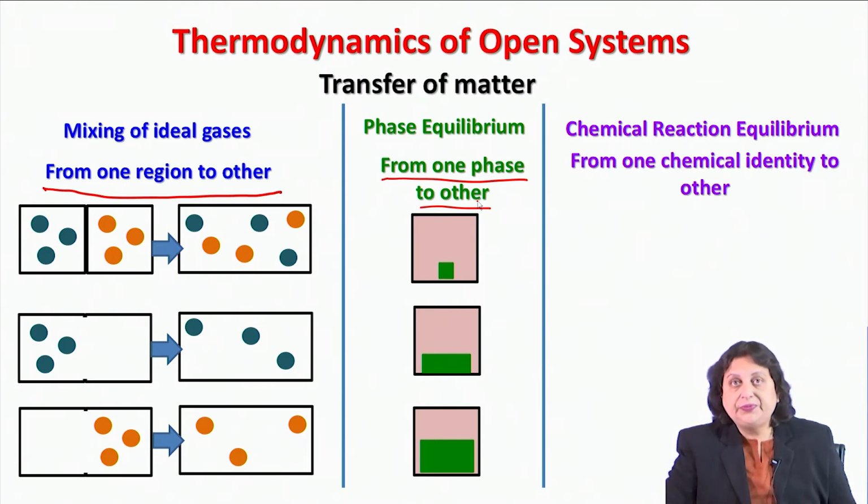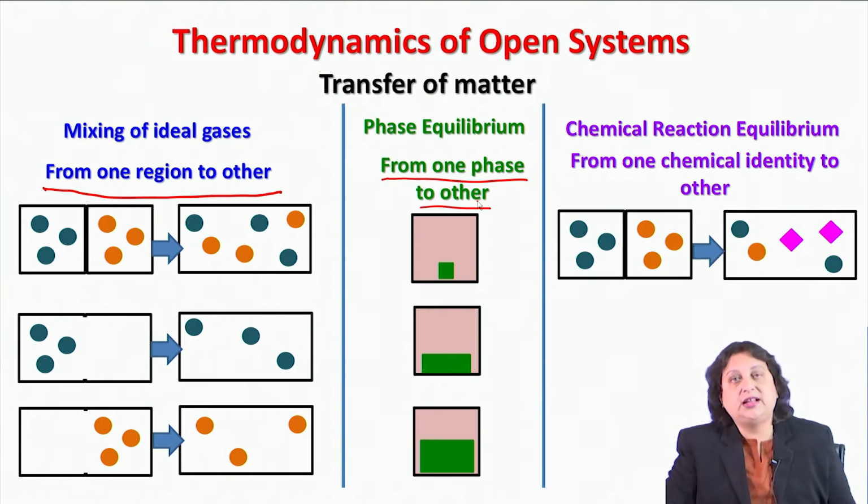Why is that so? That is because now I have a transfer of matter from one chemical identity to the other. So basically the situation that I'm talking about is, let me say that I start with the green reactants and the orange reactants separated under a given condition of temperature and pressure. Now if I allow them to mix, what will happen?